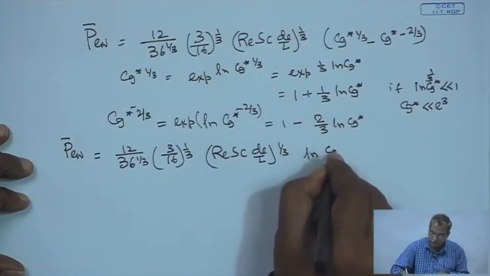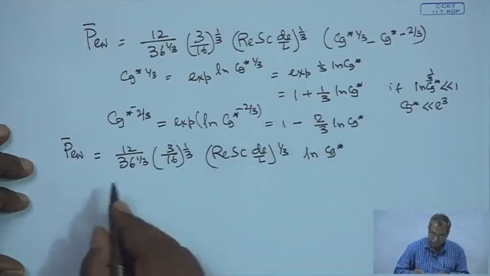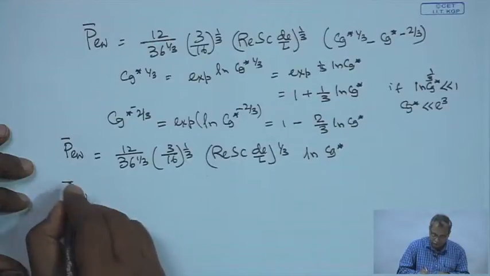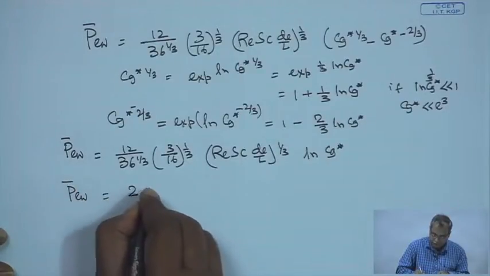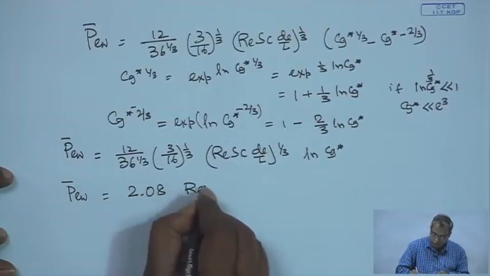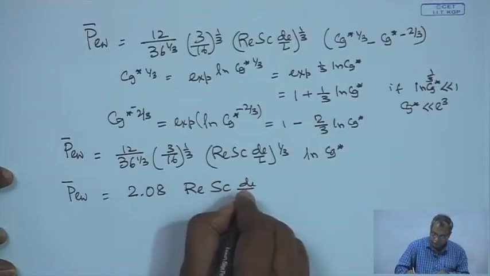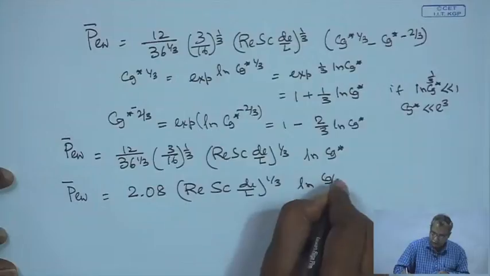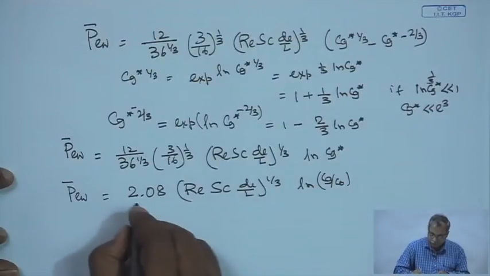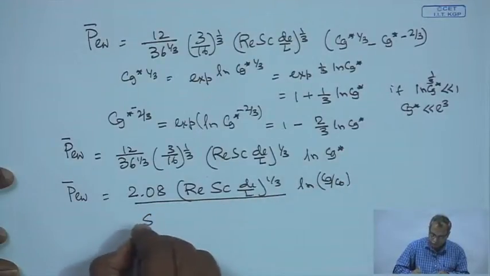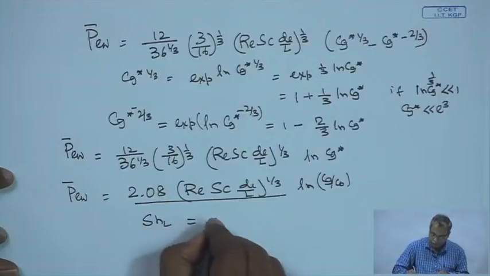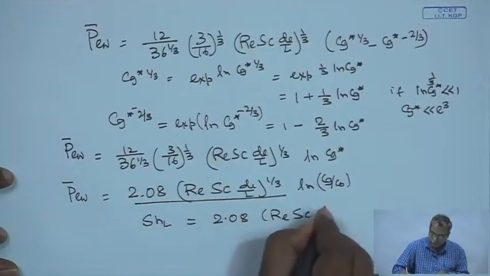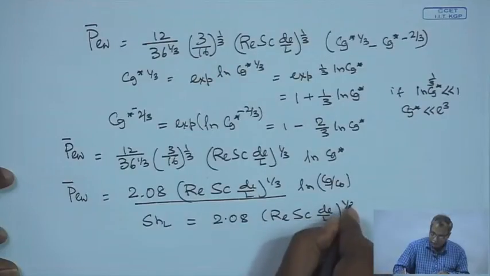This becomes ln c g star, that is c g by c naught. Now, if you really calculate the numerical coefficient, this turns out to be 2.08 Reynolds Smith d by L to the power 1 upon 3 ln c g by c naught. So, this will be the Sherwood number or length average mass transfer coefficient, 2.08 into Reynolds Smith d by L to the power 1 upon 3.